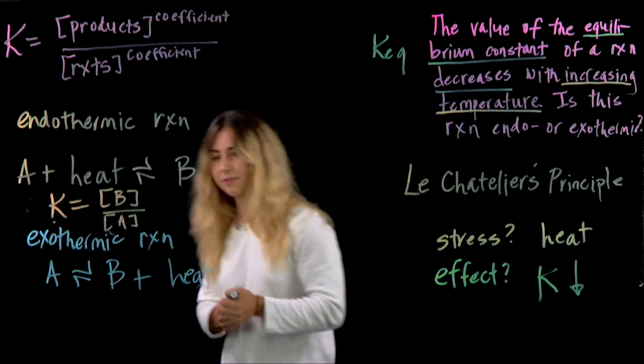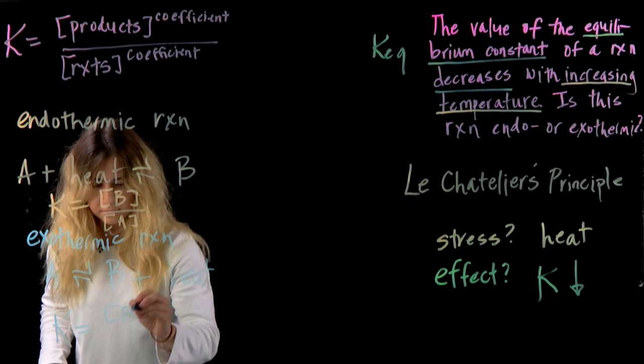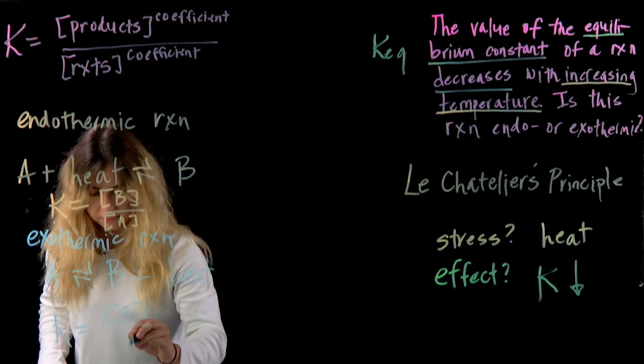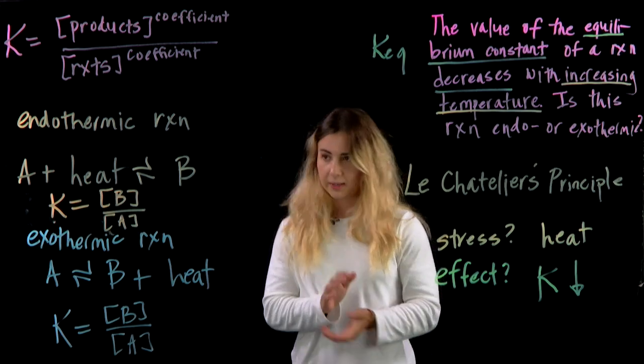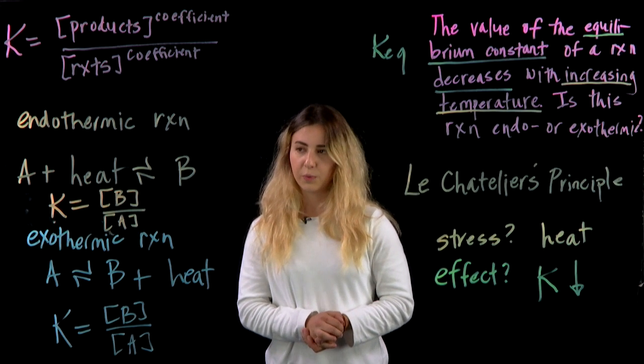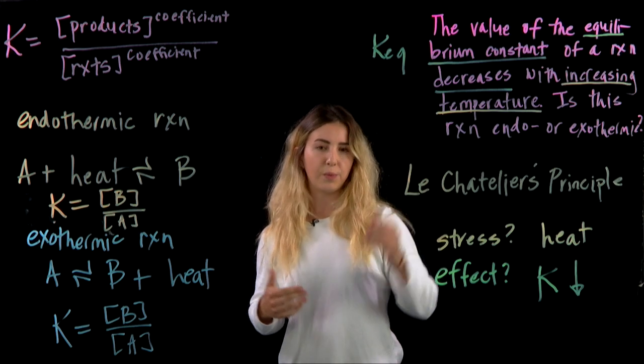And then I'll write K for the other reaction. As you can see, they're the same. But now what we need to think about is when we add heat to the system, which one of these Ks is going to change the way we want it to.